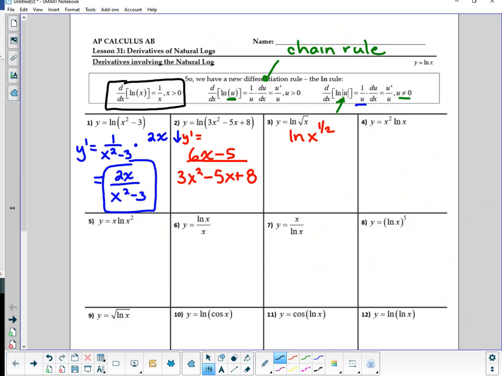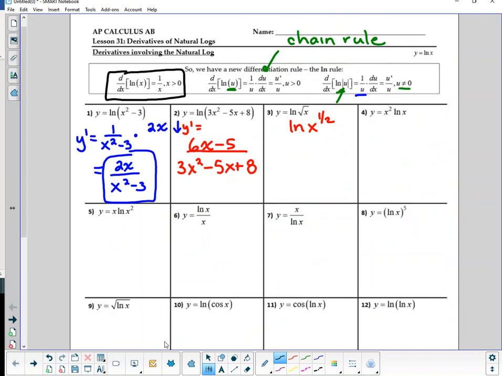Now, as you look at this front page, you can see all my other rules are in play here. I've got a product rule, which is what this is too. I'm going to have to use the product rule to write that derivative. Okay.